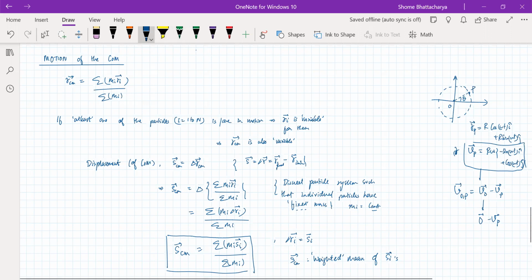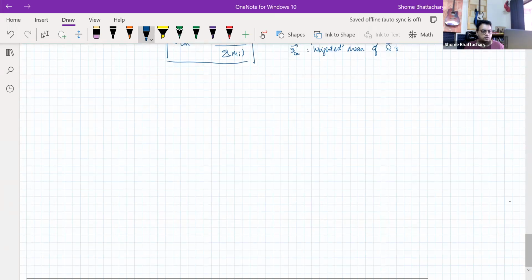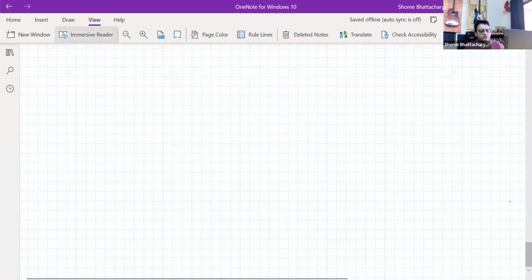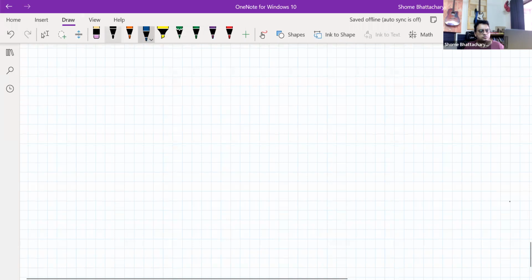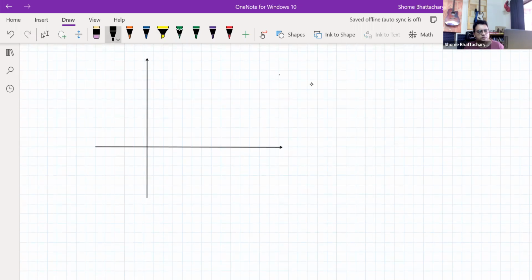Okay, so let's understand this displacement thing with an example. So suppose we have this situation, that at t equal to 0, we have a particle of mass 2m over here, and we have a particle of mass m over here, these two particles.